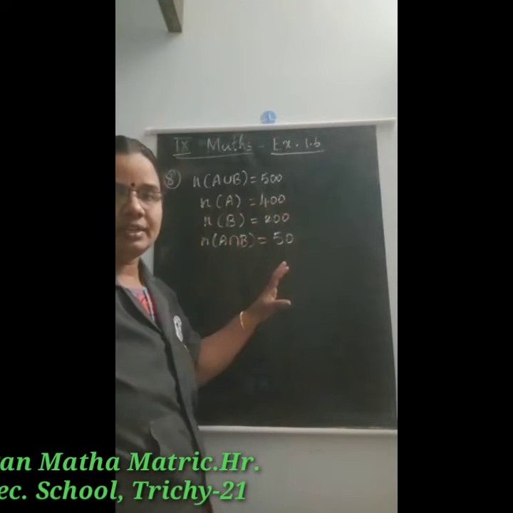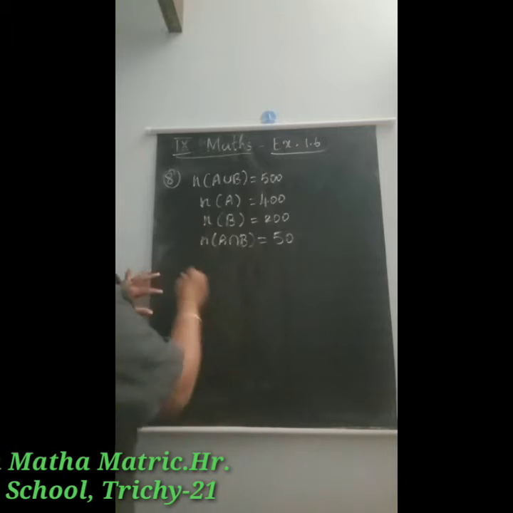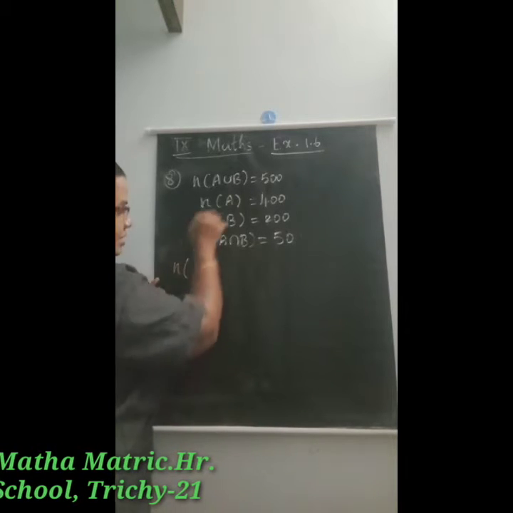This data is given in the question. Let us prove the cardinality of sets, that is, is this data correct?